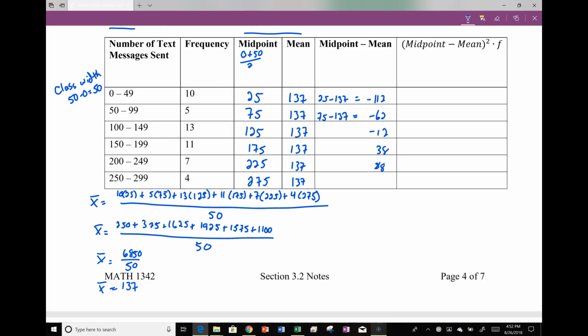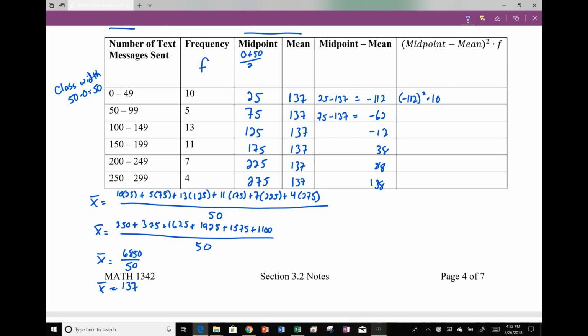I get an 88 and I get a 138. So we have taken the difference. Now we need to square this, but I also need to multiply it by its frequency. F represents frequency. So I'm going to multiply that by 10.